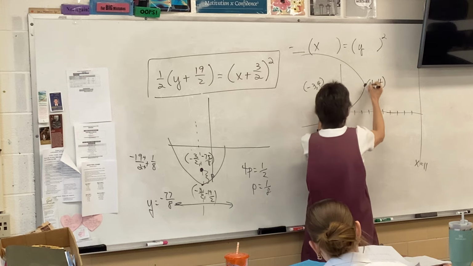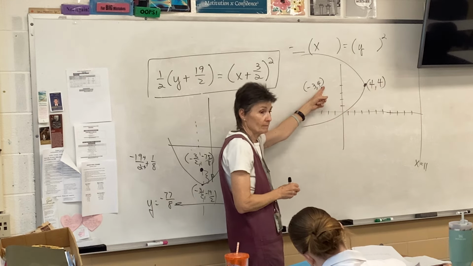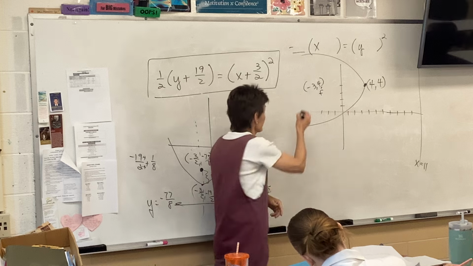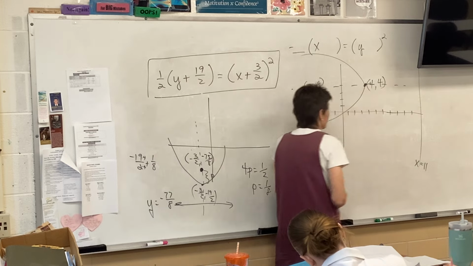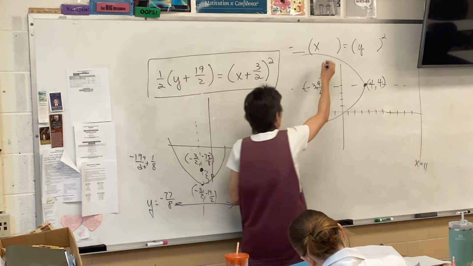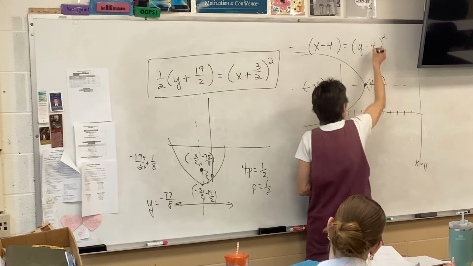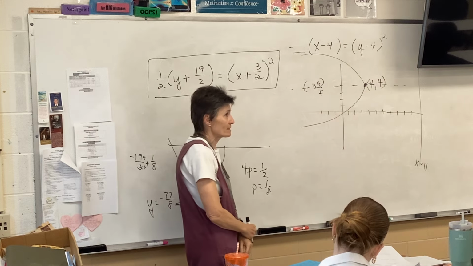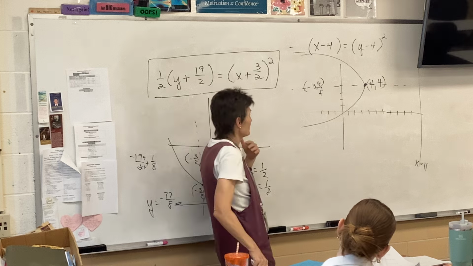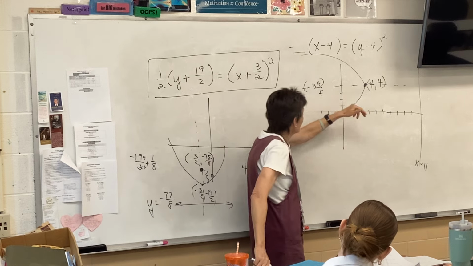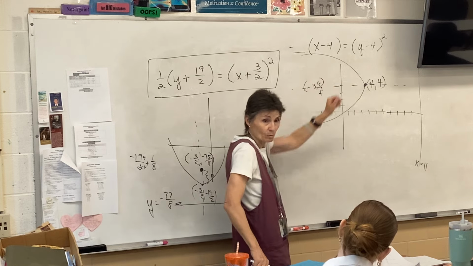And it'll have the same y as this one, won't it? All right, so -4, -4. Now those happen to be the same number, so I don't really have to be too careful, but when they're not the same number, make sure you're putting the x with the x and the y with the y.